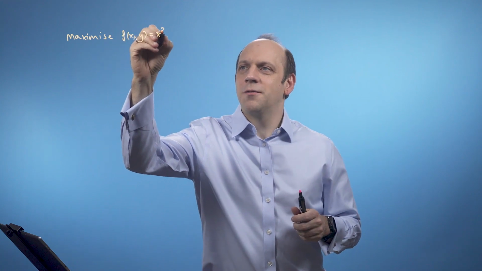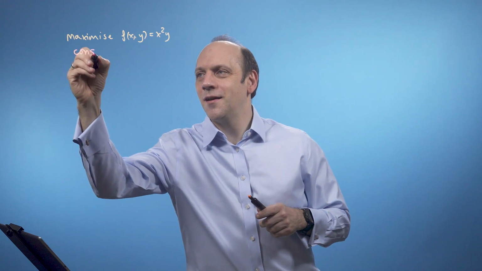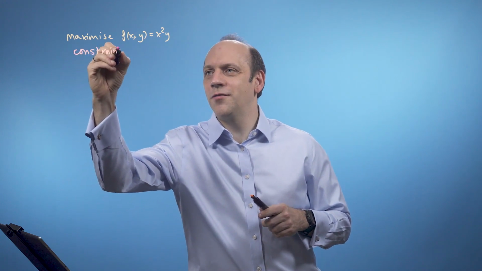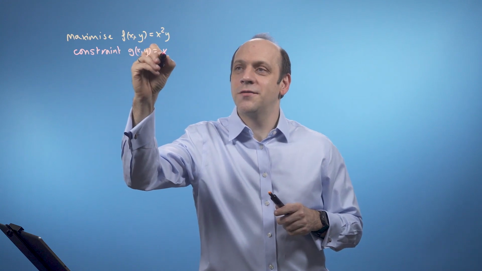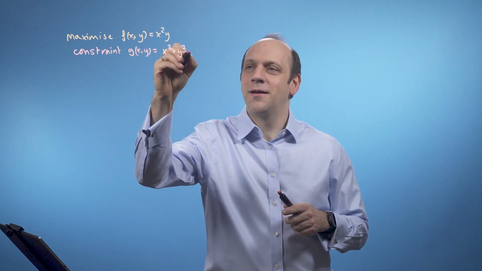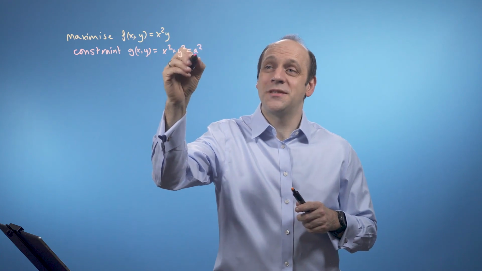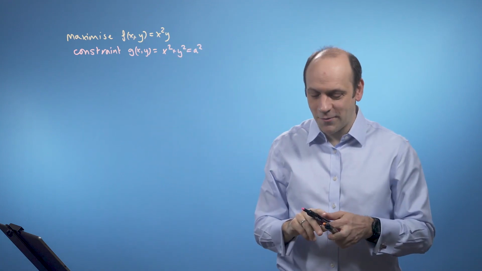So we want to maximize the function f of x, y, which is equal to x squared y, subject to some constraint, which we're going to call the constraint equation g of x, y. And that's the equation of a circle, x squared plus y squared, and it has some particular value for the problem we want to solve, a squared.